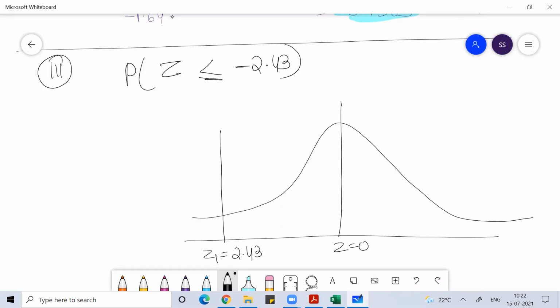You know that at two standard deviations you have 95%, and at three standard deviations you have around 99% of the data.